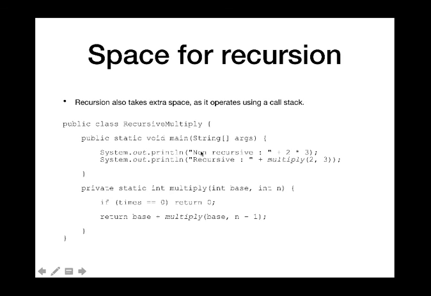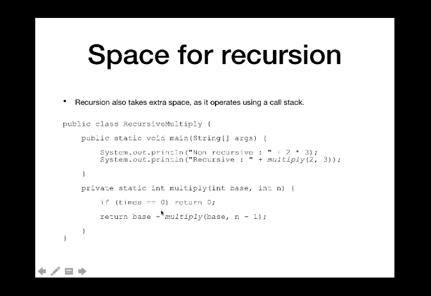As you can see here, I'm simply calling a non-recursive multiply, which is simply 2 times 3. That's pretty straightforward. But I can also make a multiply method which uses recursion to give me the value I want. So basically, I'm given a base number, which is 2, and how many times it's going to sum that number in order to get me the result I want.